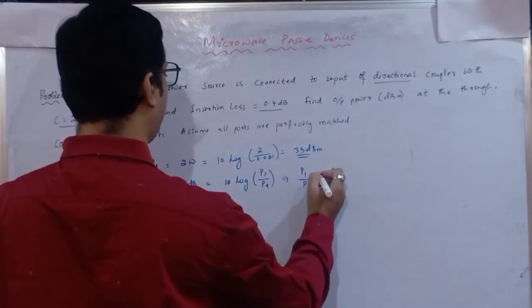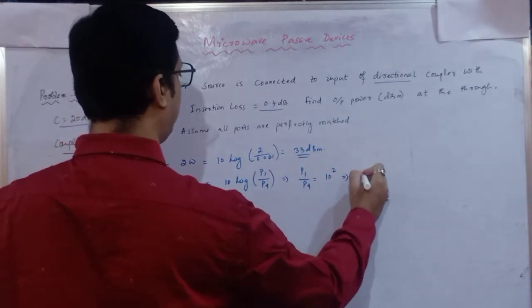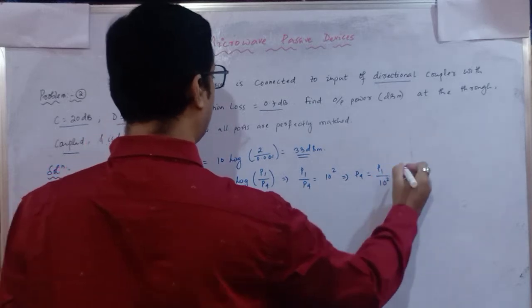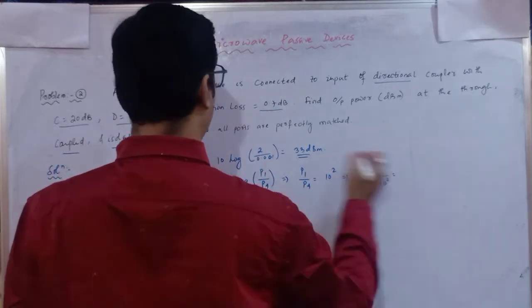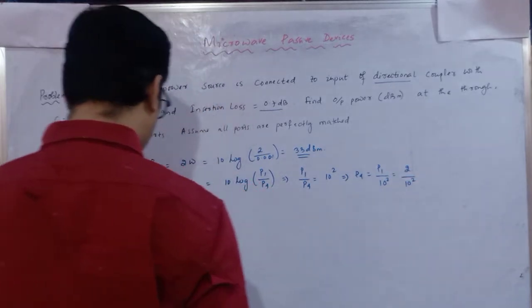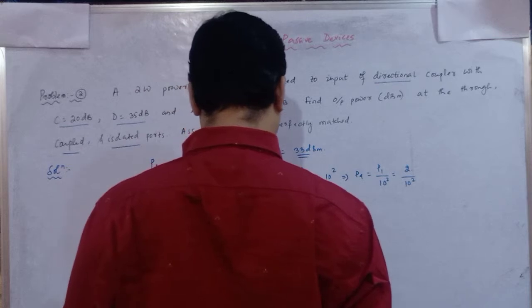So here power P1 is known, so P4 equals P1 divided by 10 to the power 2. P1 is 2 watt divided by 10 to the power 2.